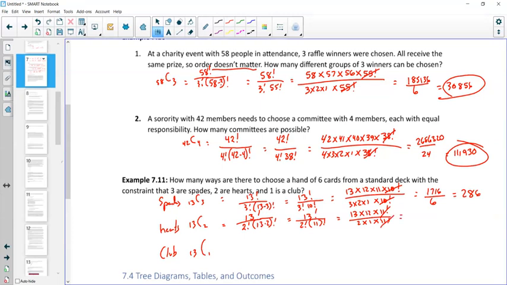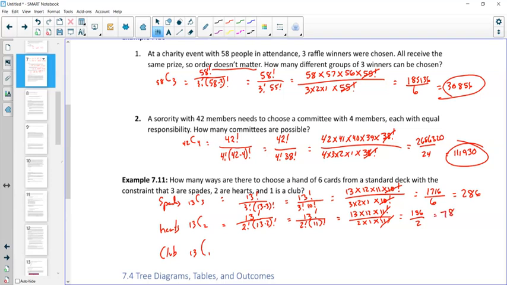And I have that 156 over 2. Let me double check that. 13 times 12. Yes, 156. Divided by 2. Oh, 78.